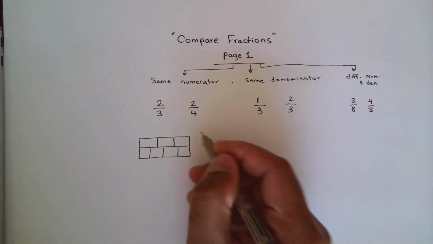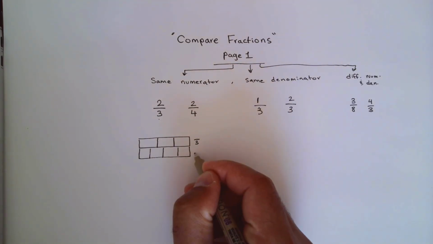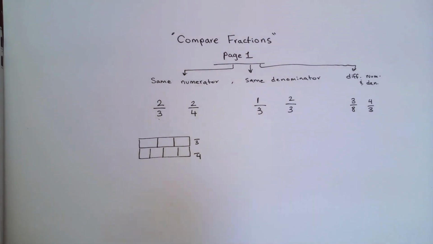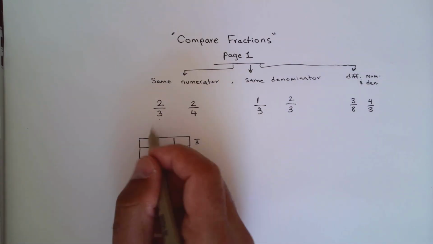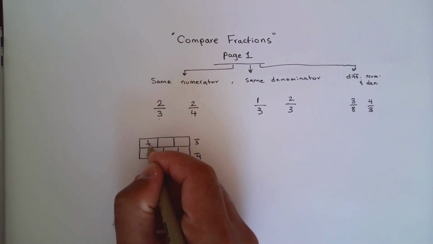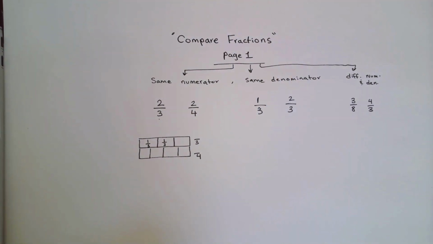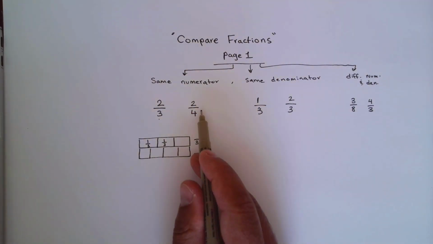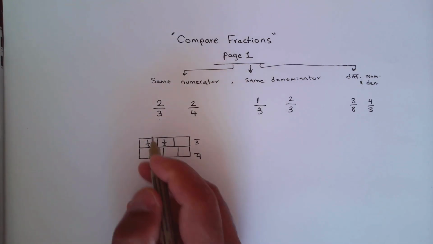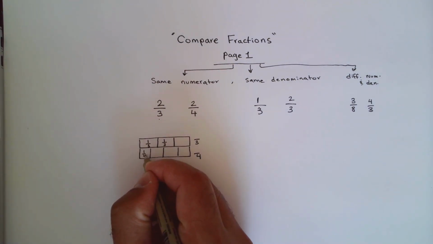And now this is in thirds and this is in fourths, okay? Now let's put the pieces. Let's put how many are available. The numerator tells us that there are two pieces of thirds, and the second fraction tells us that there's two pieces of fourths.